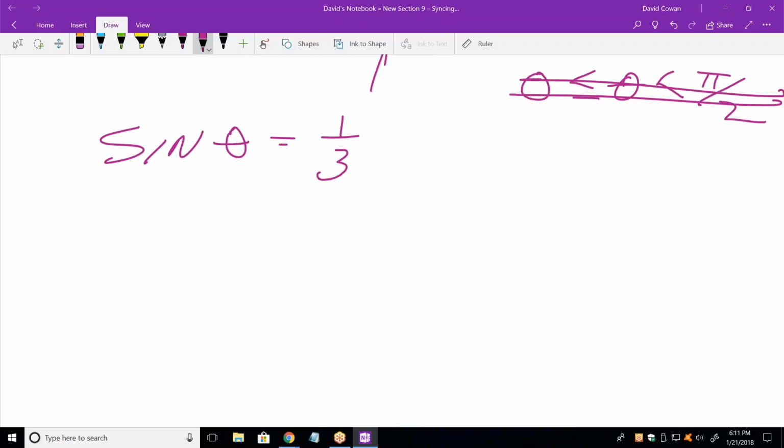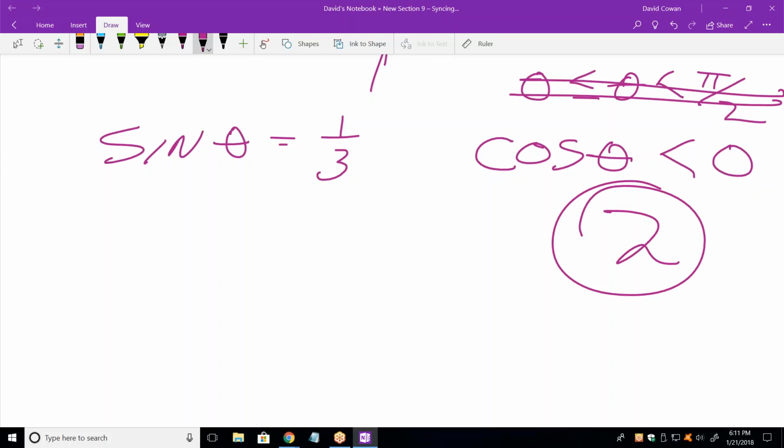In other words, when you give me another piece of information, that spots the quadrant. In what quadrant is the cosine negative and the sine is positive? It's quadrant 2, the only one.